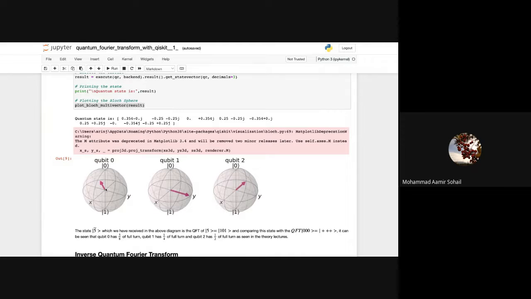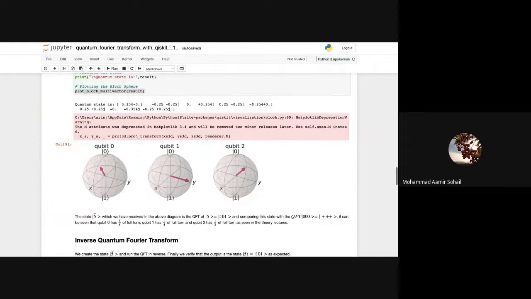This one is some 5 pi by 8 rotation, this one is pi by 4 rotation, and this one is pi by 2. This one is pi by 2 kind of rotation you have. Why? This one is a pi rotation from here, but in quantum it is like half of the full turn, so the rotation actually goes to half.